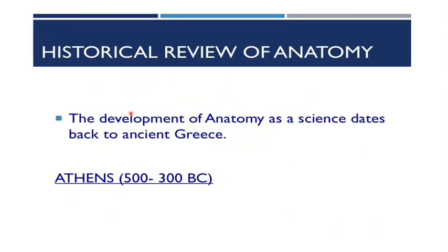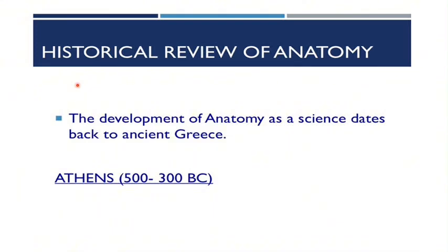Now we'll look at the historical review of anatomy. We are going to look at various individuals and their contribution to anatomy. We'll look at their works and anything they did as far as the study of anatomy is concerned.